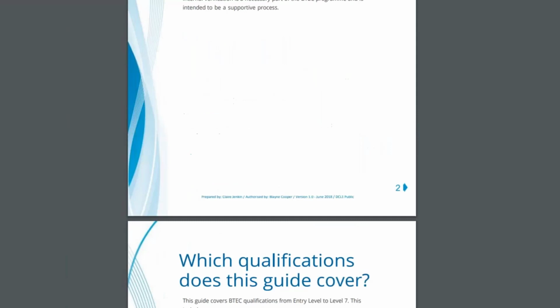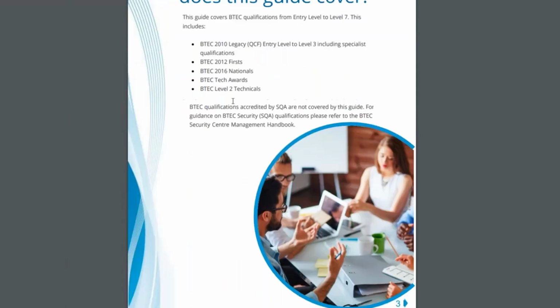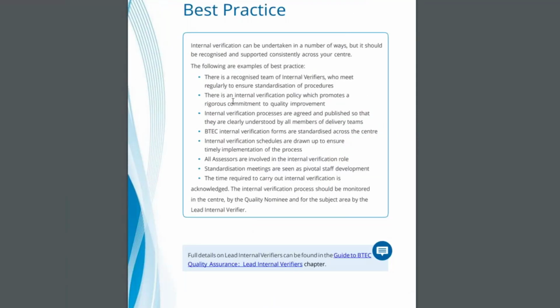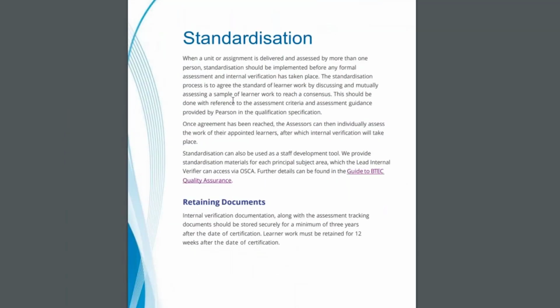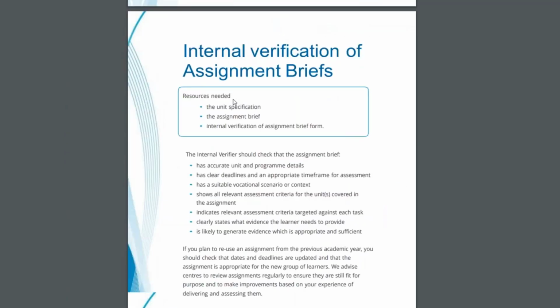And it does talk about which documents are covered, what's best practice. It talks about standardization, retaining documents, internal verification of assignment briefs. And this is what I was saying earlier, even if it's an authorized assignment brief, you may choose to not change one comma of the authorized assignment brief, but you do importantly add the dates, and so you have to take ownership of it.